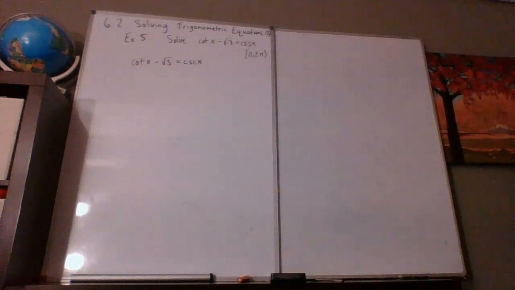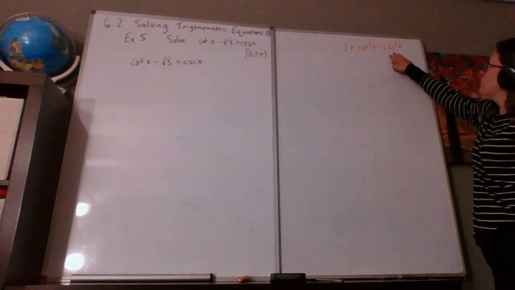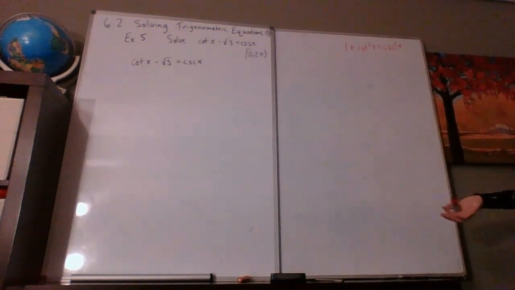There is an identity that relates cotangent x and cosecant x. We have a Pythagorean identity which states 1 plus cotangent squared x equals cosecant squared x. However, the cotangent and the cosecant are both squared, and in our current equation, neither are squared.